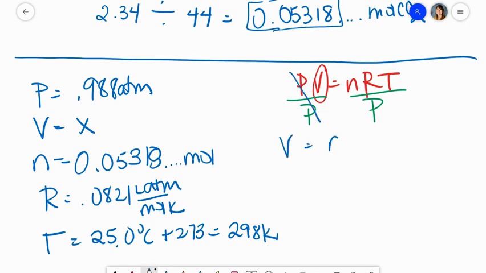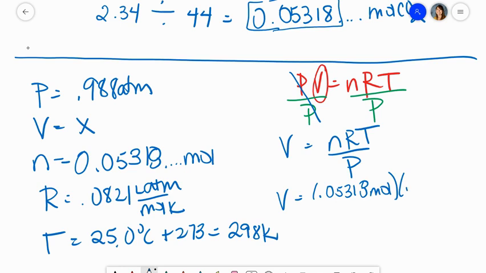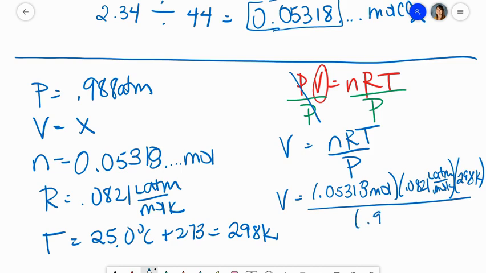So volume is equal to nRT divided by P. When I substitute this in, I get 0.05318 moles. And again, that number may keep going in your calculator. 0.0821 liter atmospheres per mole Kelvin. And then finally, my temperature of 298 Kelvin over the pressure, which is 0.988 atm.